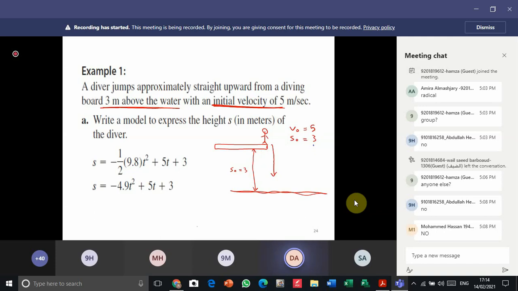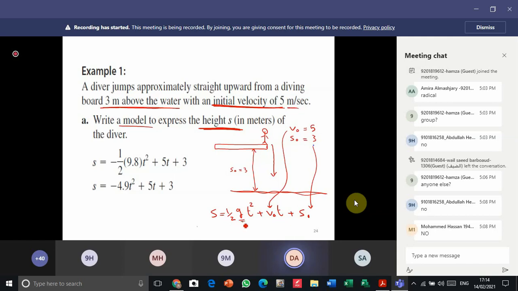Now write a model to express the height s directly. s equals half g t squared plus v naught t plus s naught, with the negative sign on the first term. So substitute s naught, substitute v naught, and for the value of g, what's the dimension?